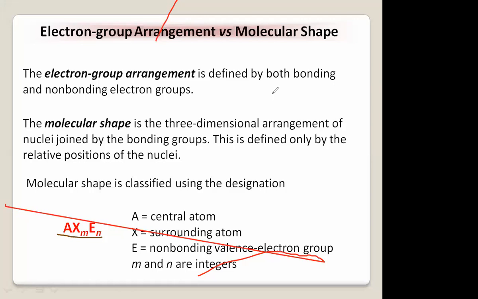So anytime you see a molecule, you ask yourself, is it AXm or is it AXmEn? So we will look at specific examples of what I'm talking about. Now, we want to look at the specific examples of AX.